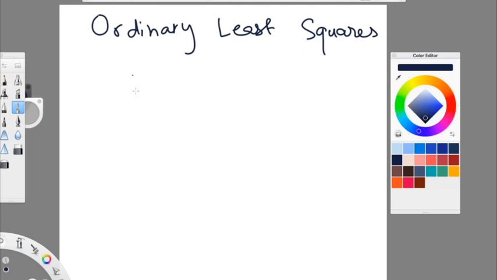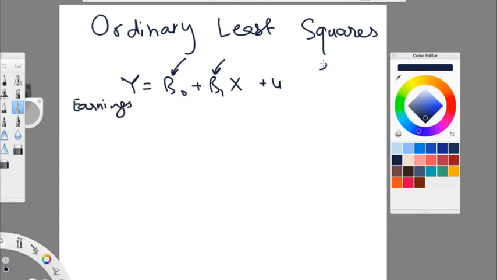Let's suppose we're taking the same example again, in which we have the equation y equals beta naught plus beta 1 x plus mu, and we're interested in finding the values of beta naught and beta 1 for the population. In order to find these values, we need to take sample data. Let's suppose that y in our case is earnings, and x is education.